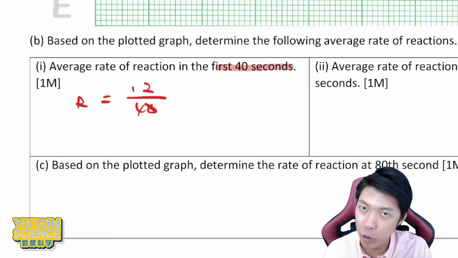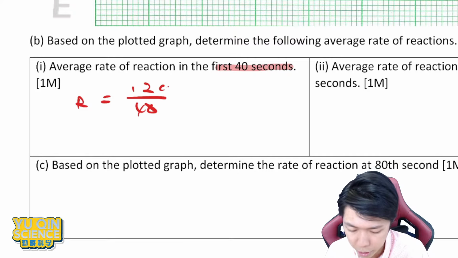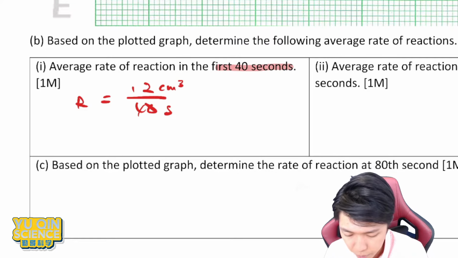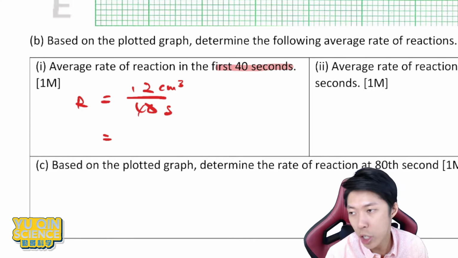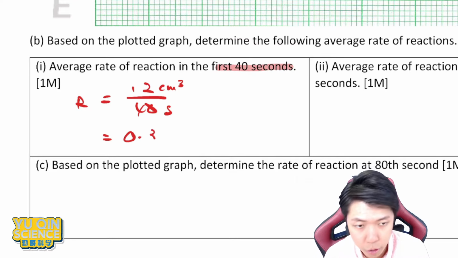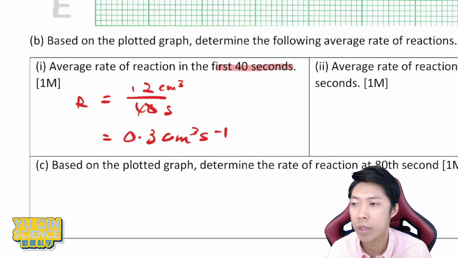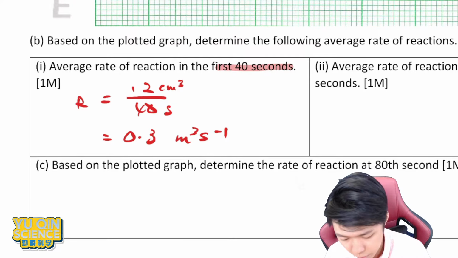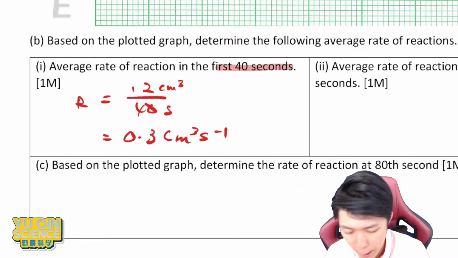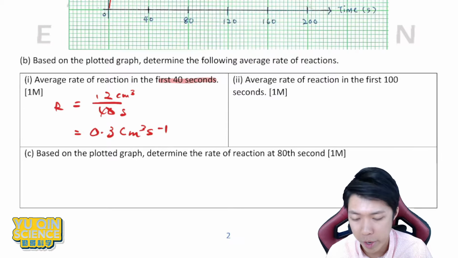You can do the steps again, 12 minus 0, but it's actually okay like that. The calculator will do the job. 0.3 cm3 s negative 1. All good, very straightforward. First 40.